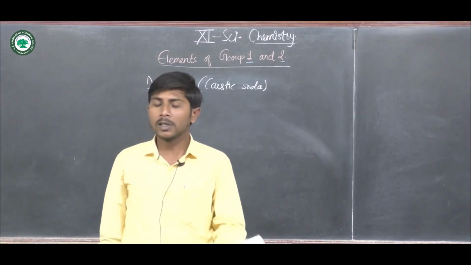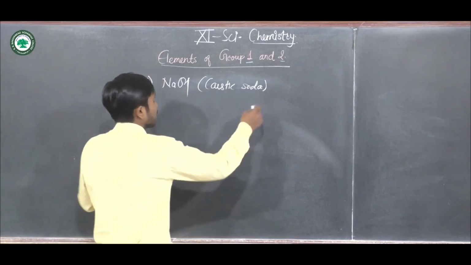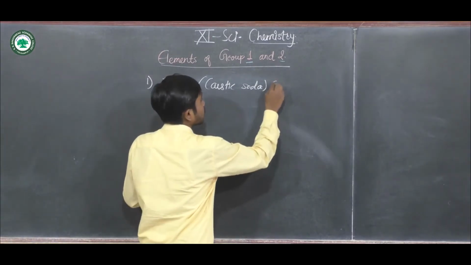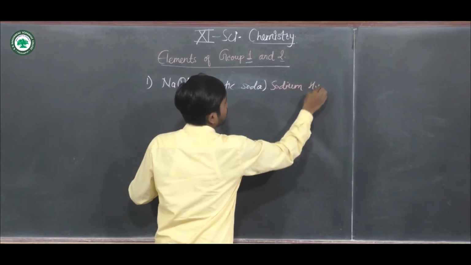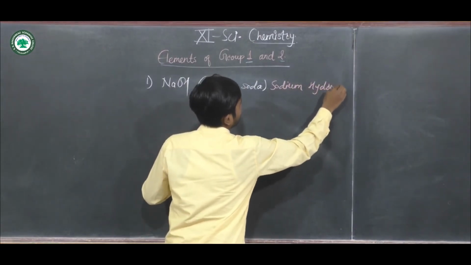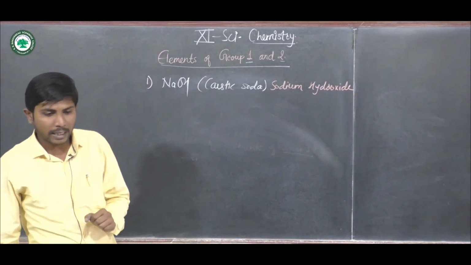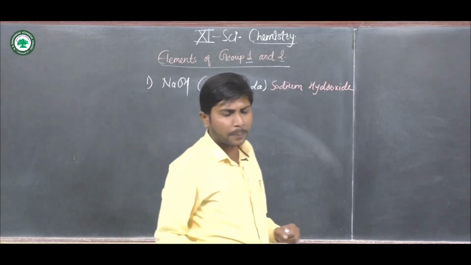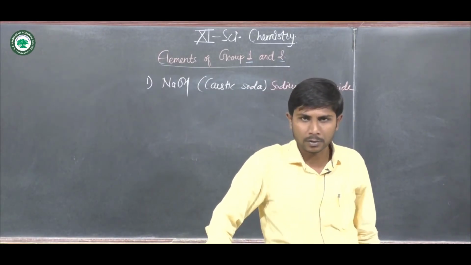Sodium hydroxide is generally obtained by the electrolysis of a sodium chloride solution.